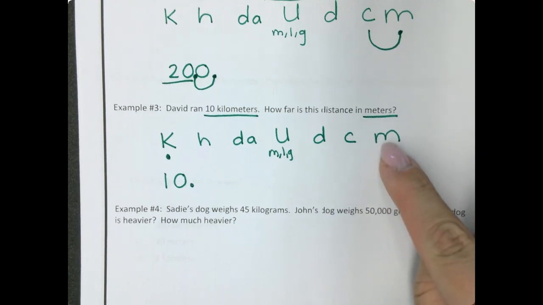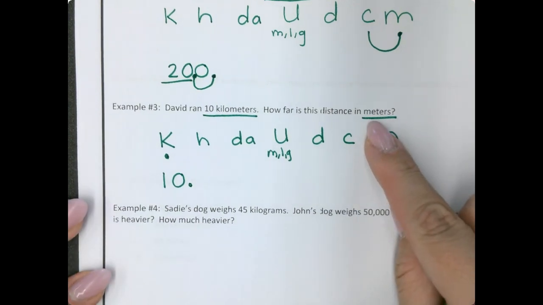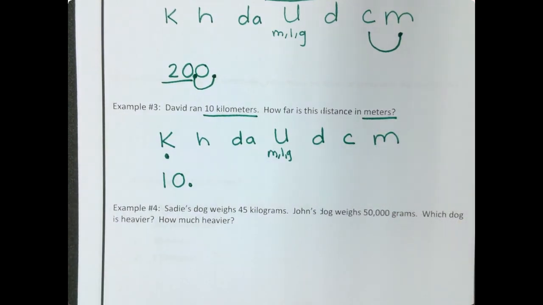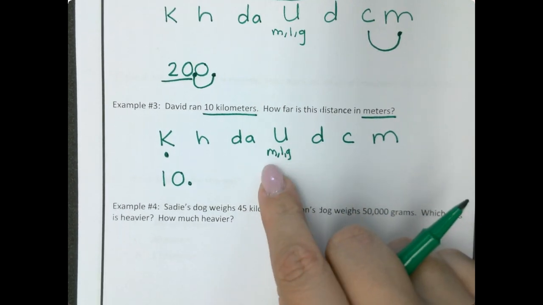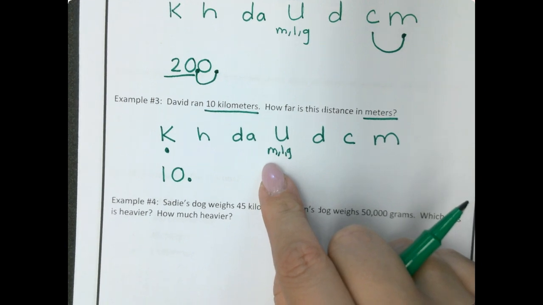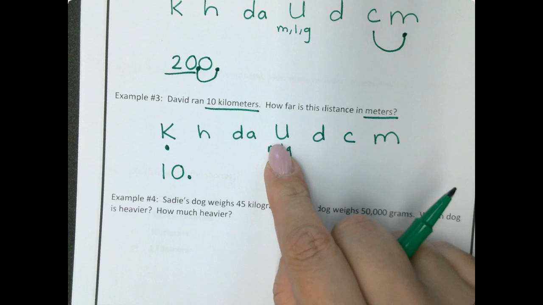This is milli. Is that milli? No, where is our M? The C? No. Under the U. Meters, liters, and grams are always under the U. That's our base unit.